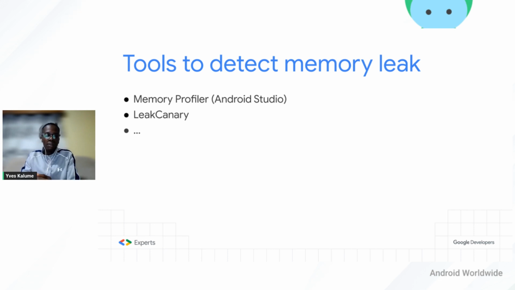But we also have tools like LeakCanary, which is one of the most widely used tools for detecting memory leaks in an application. And we have many other tools. But with LeakCanary, what I like the most is that you just have to install this library, and it will automatically detect the memory leaks which may happen in our application.